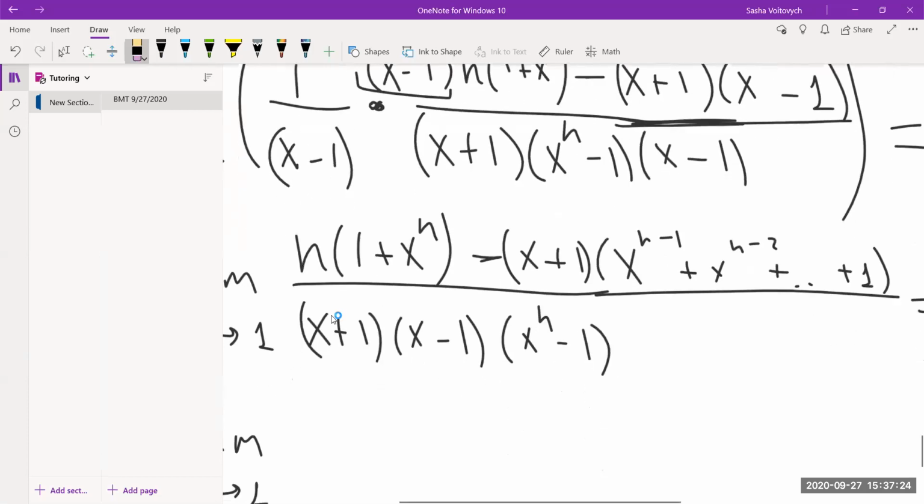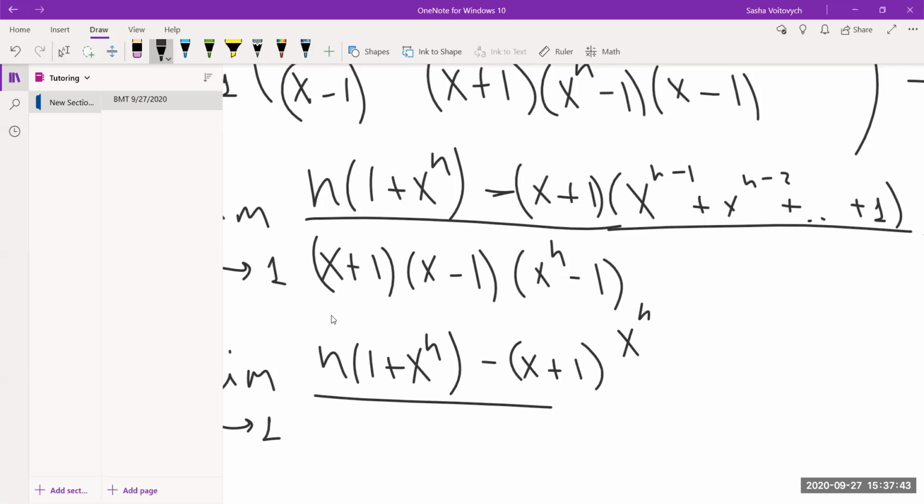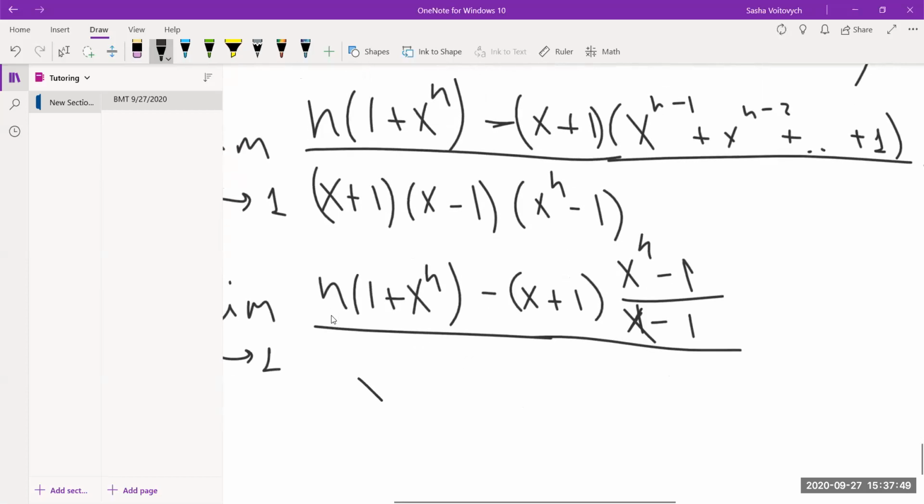Yes, okay, so to apply L'Hopital's rule, let's express this as x to the power of n minus 1 divided by x minus 1, and the denominator will be this.